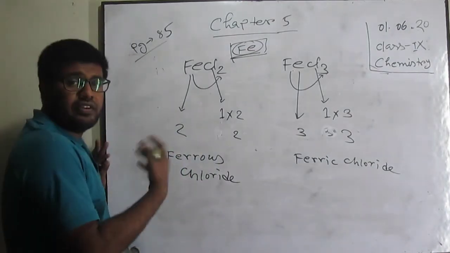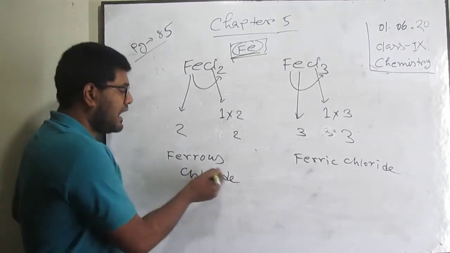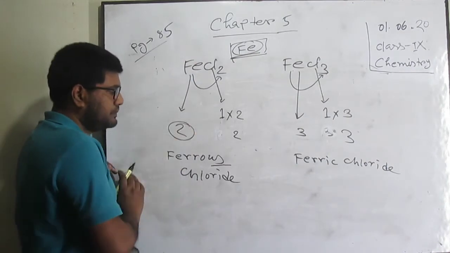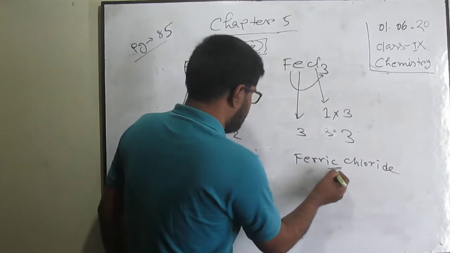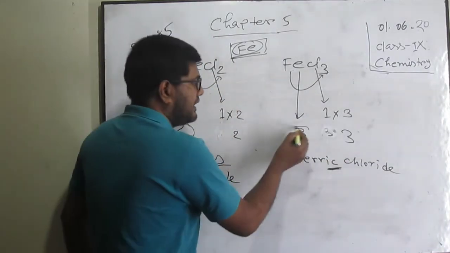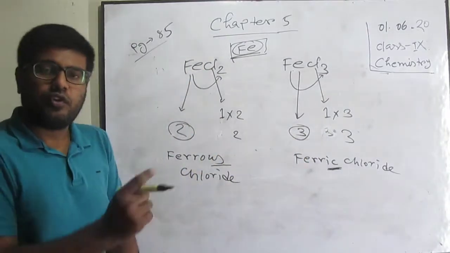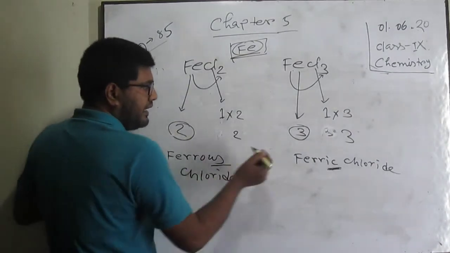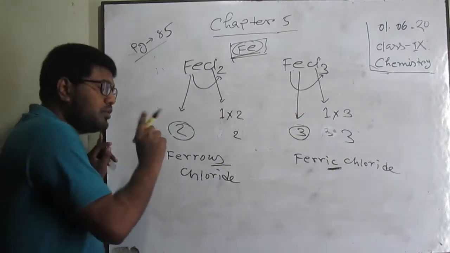In case of variable valency, we write "ous" at the later part of the name for the lower valency, like 2. We write "ic" at the later part for the higher valency, like 3, for the same element. For the same element, lower valency is expressed by "ous" and higher valency is expressed by "ic". So you should understand these things.